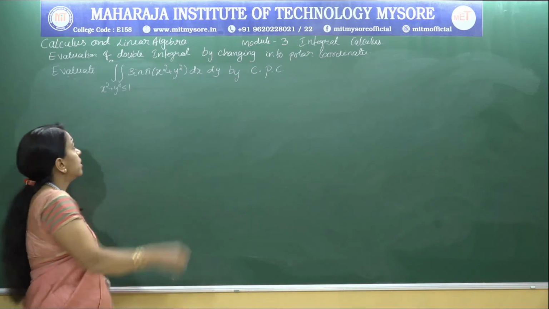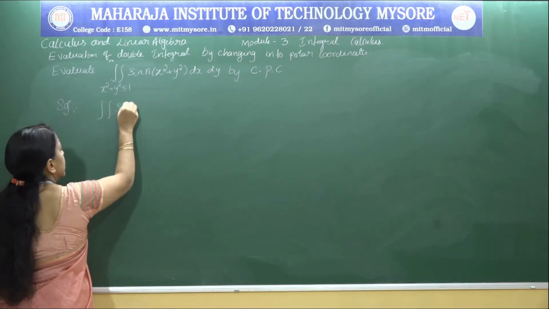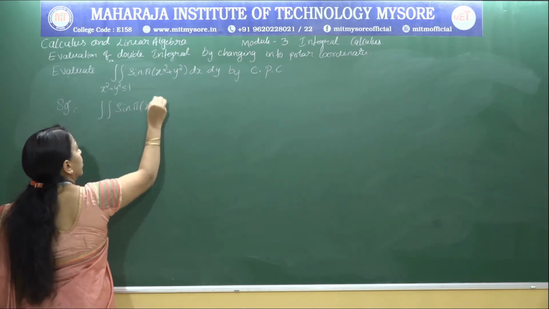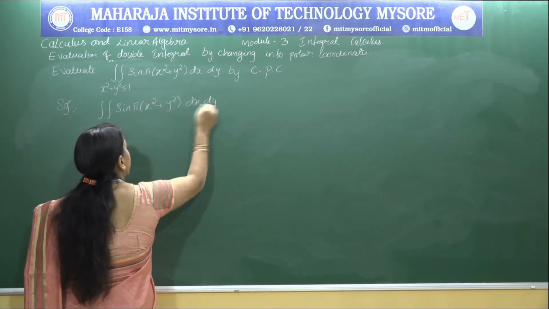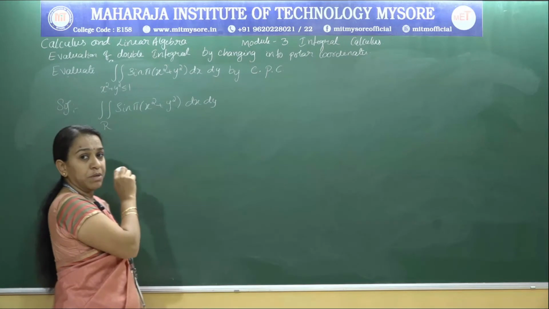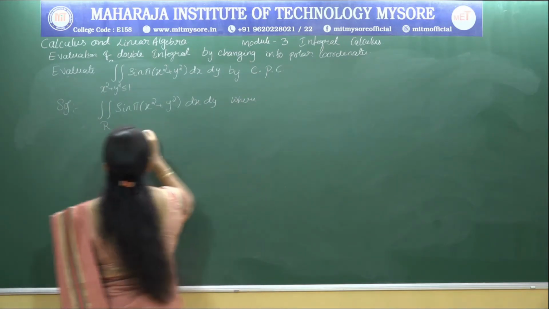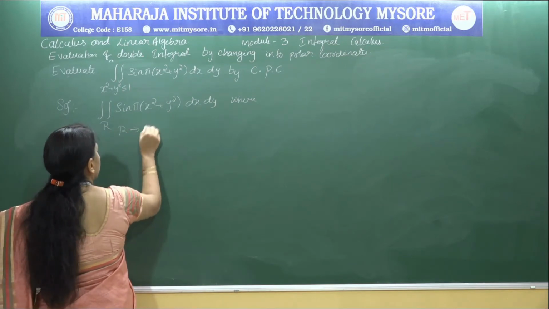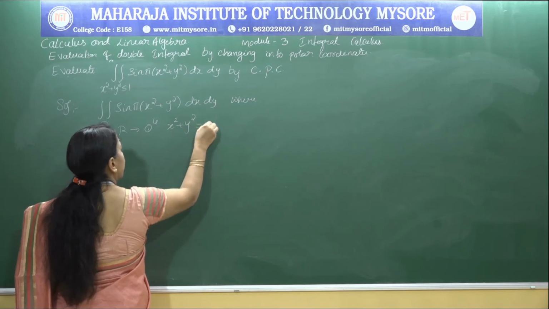Okay. So what is the given double integral? The given double integral is sin of pi into x square plus y square dx dy over the region R, where R is the circle x square plus y square equal to 1.